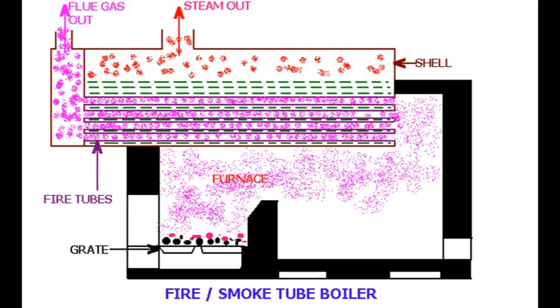The limitations are mainly related to choking of these tubes with soot, and eventual heat transfer stoppage, and also the steaming rate is not very high, and pressure raising is time consuming, and it is also prone to explosions. So naturally we discarded it.